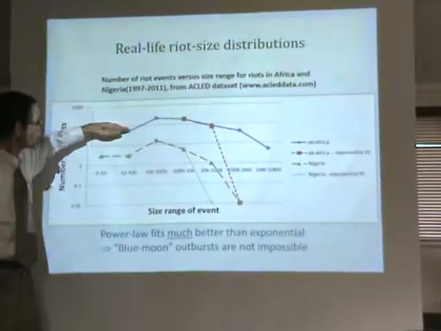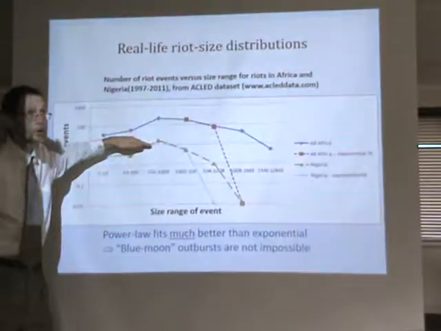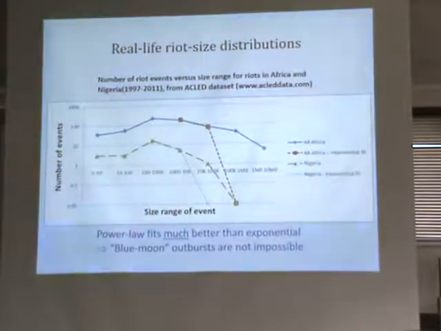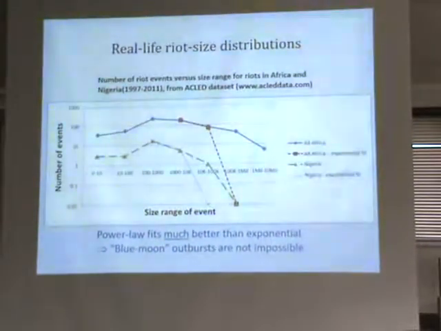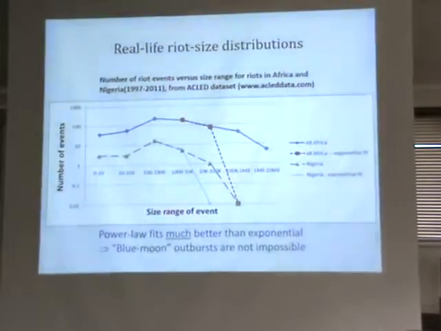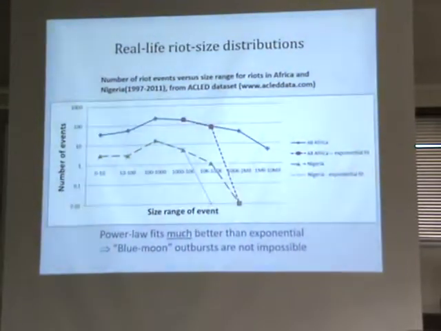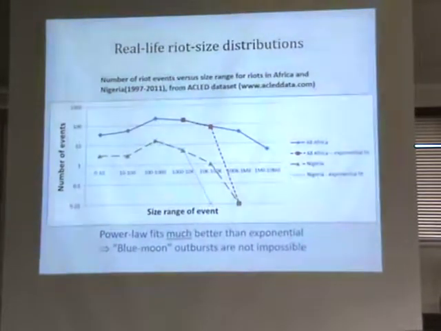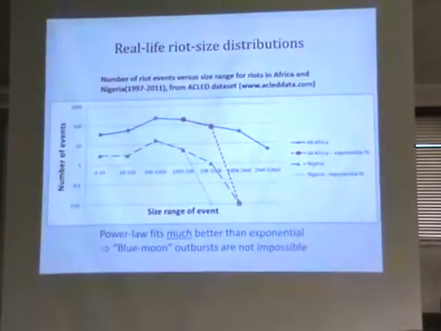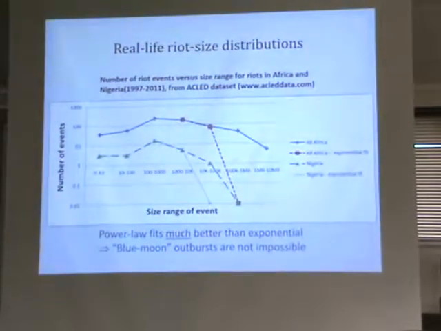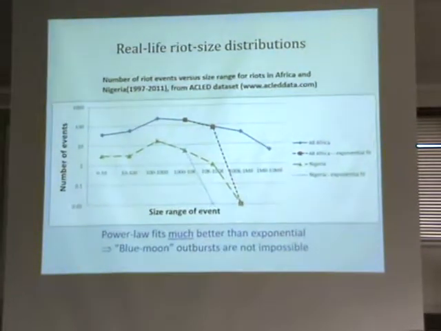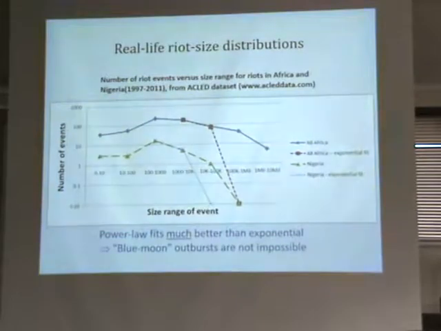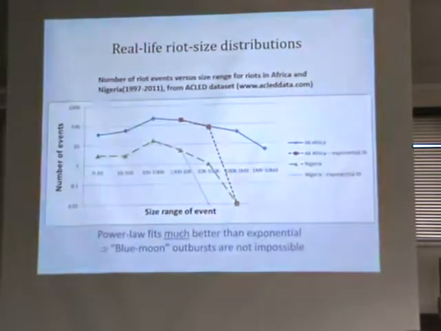Now you can see that the power law fits much better than the exponential distribution. So there's some kind of indication that maybe this social behavior has some of these characteristics. Maybe we're on the right track. The model is much too simple, but maybe we're getting something about what's really going on.